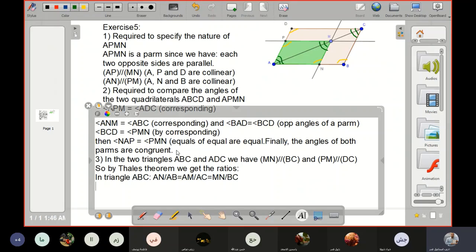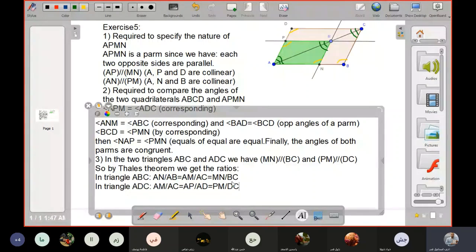Okay, and in triangle ADC, also the ratio AM over AC equal to AP over AD equal to PM over DC. Look at these two ratios. AN over AB equal AM over AC equal MN over BC.